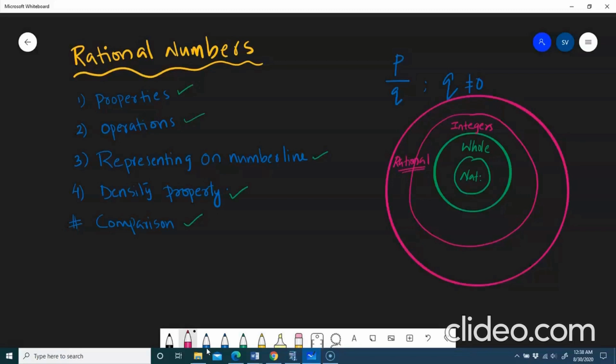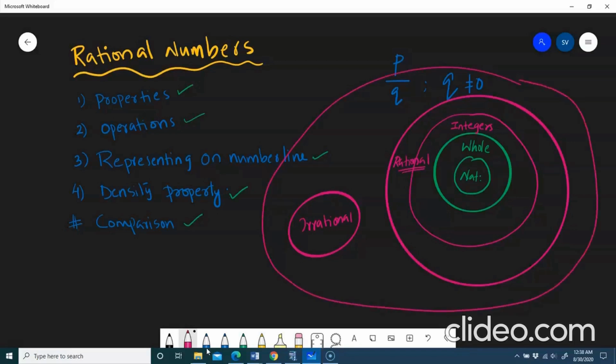The irrational number system is a different system. All together, rational and irrational make the real number system. We should keep these basic ideas in mind when starting rational numbers.